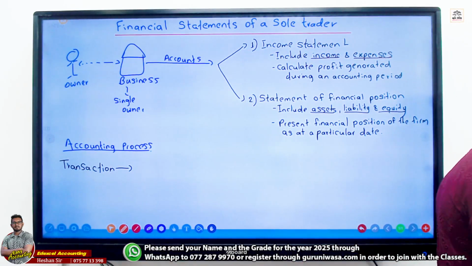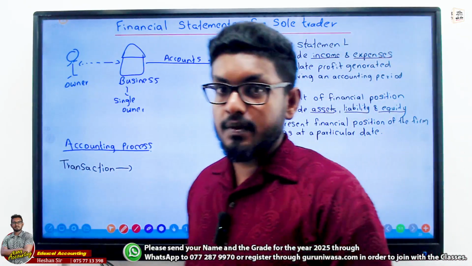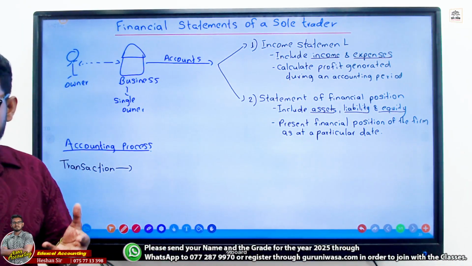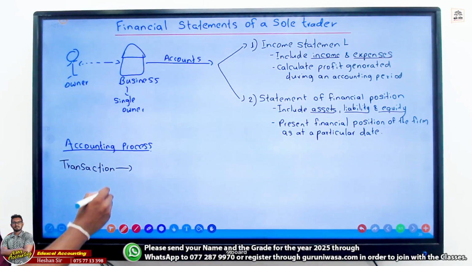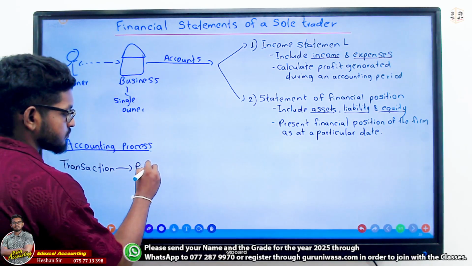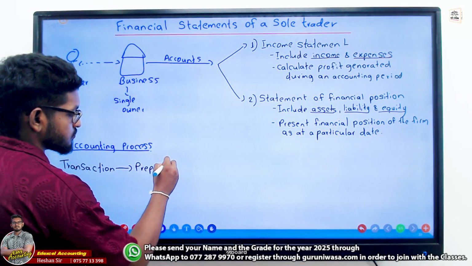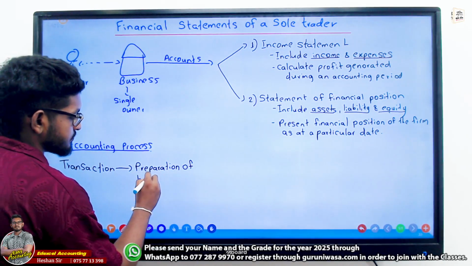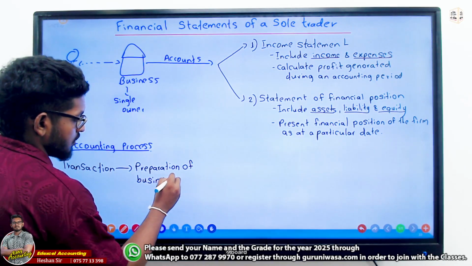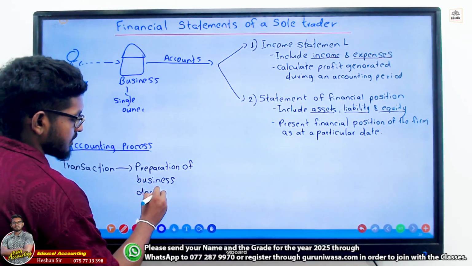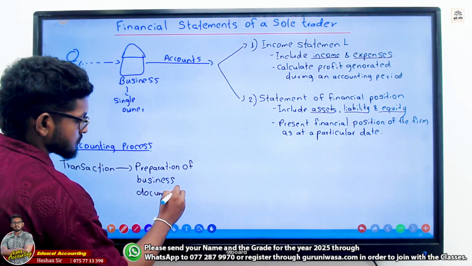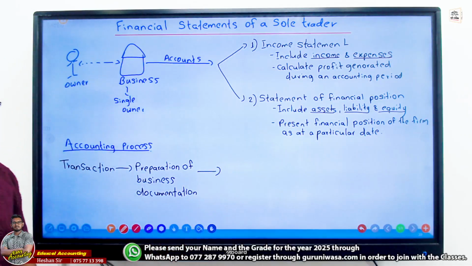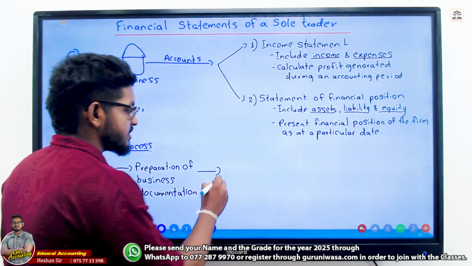Once a transaction happens, it is recorded in the books. Business documentation, source document, preparation of business documentation. Then after that, recording in the books of original entry.